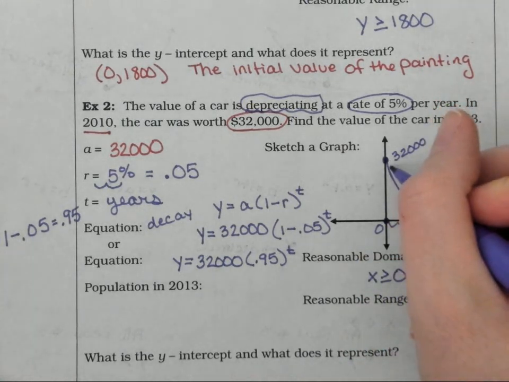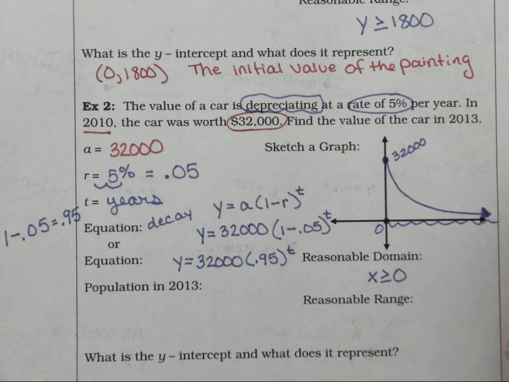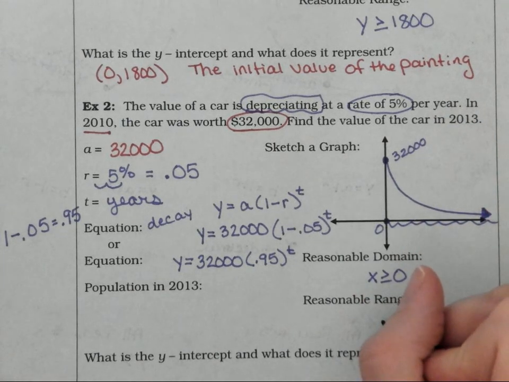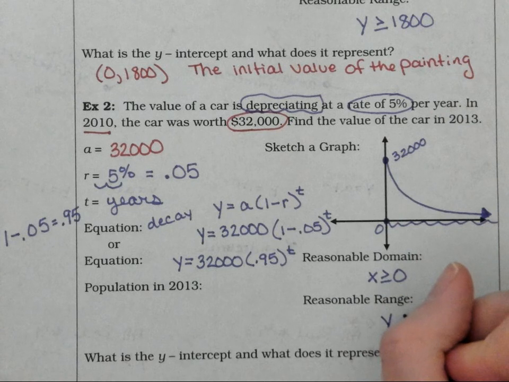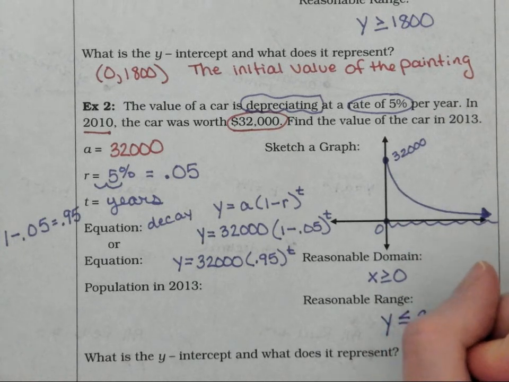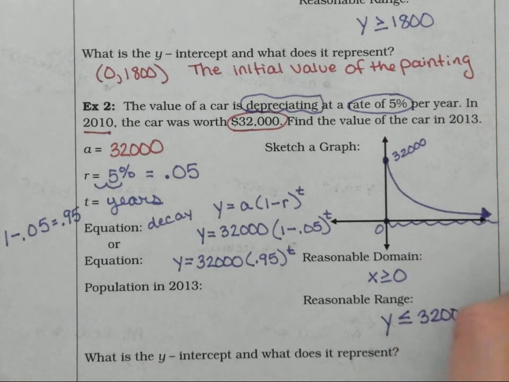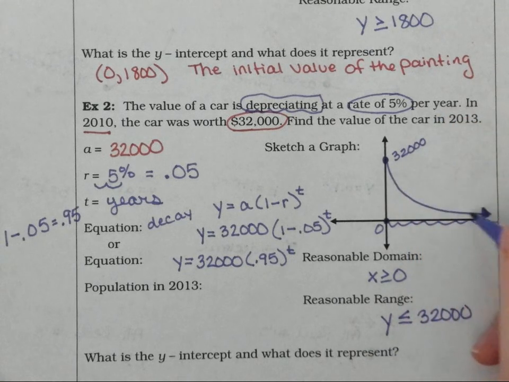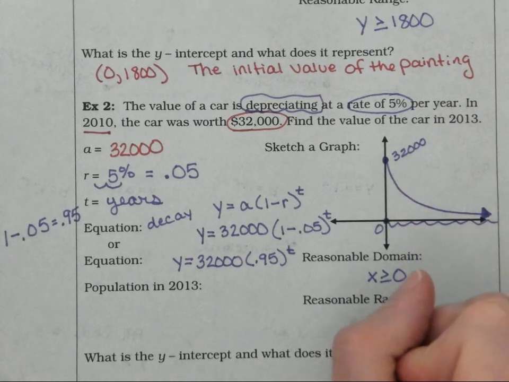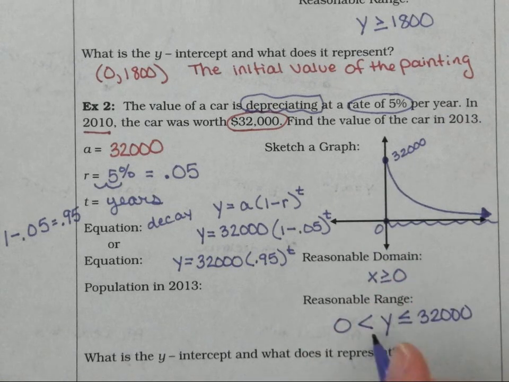And my range is decreasing from 32,000. So my range is y is less than or equal to 32,000. But remember, we said that it will never ever equal 0. So I also have to say that it is greater than 0. And we write it backwards. So y is greater than 0.